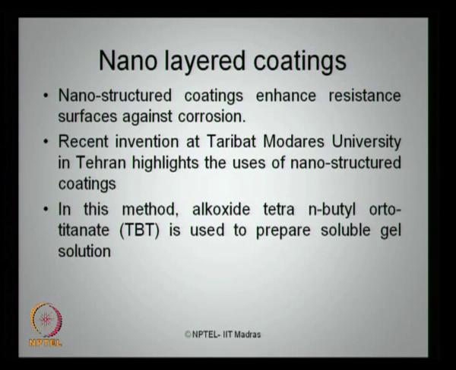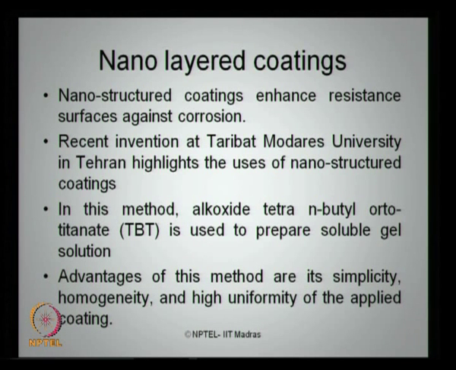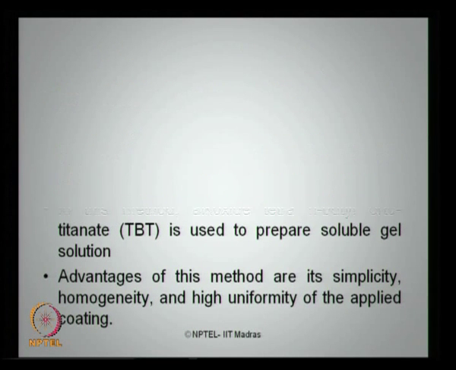In this method, the alkoxide tetrabutyl orthotitanate, which is abbreviated as TBT, is used to prepare a soluble gel solution. The advantages of this method are its simplicity, homogeneity and high uniformity of the applied coating, which is very thin. Therefore, this is called nano layered coating.